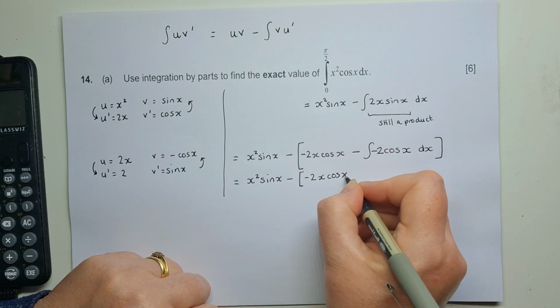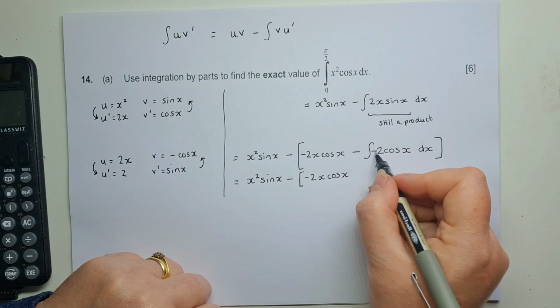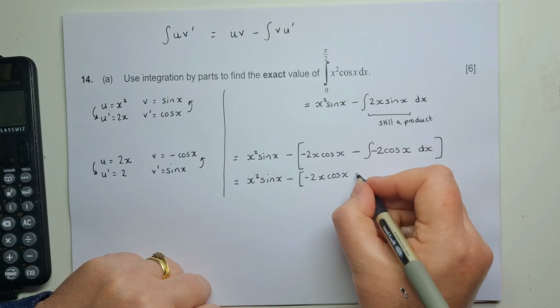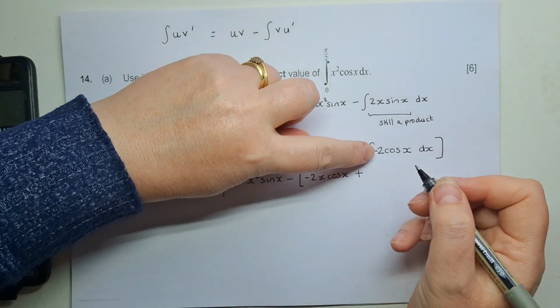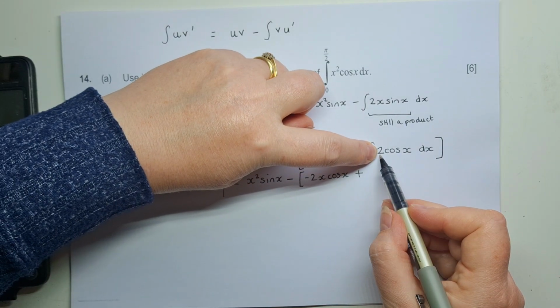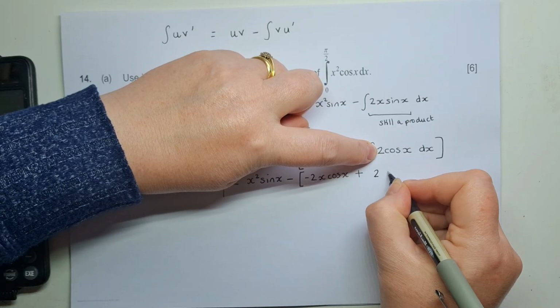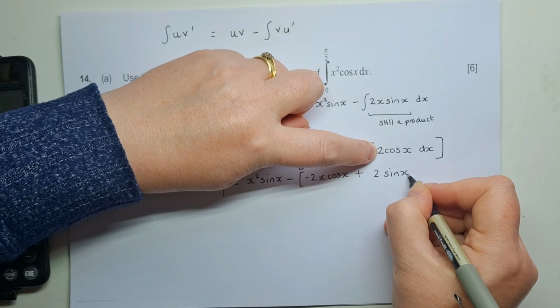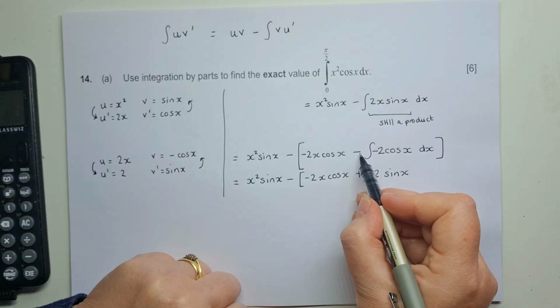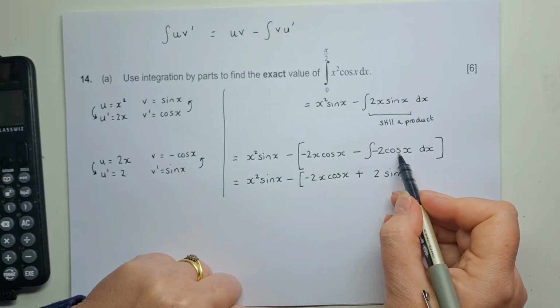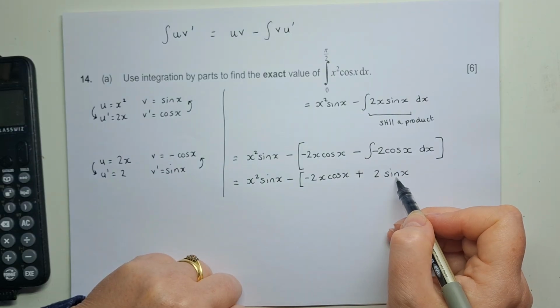I don't want to do too many things in one line. So this is basically going to be 2 minuses making a plus, and now I can ignore both of those minuses and just figure out the integral of 2 cos x, and cos integrates to sine. Okay, so I've dealt with the minus to make a plus, and cos integrates to sine without a minus.